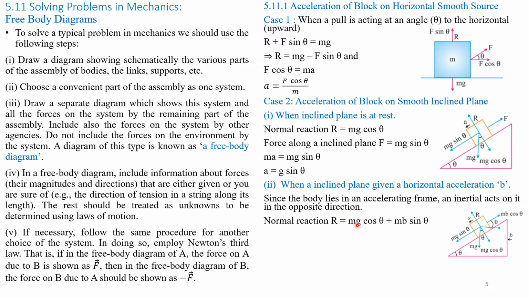Normal reaction is equal to mg cos theta plus mb sin theta. And ma is equal to mg sin theta, in this direction, and mb cos theta is in the opposite direction. Therefore, m gets cancelled. a is equal to g sin theta minus b cos theta.